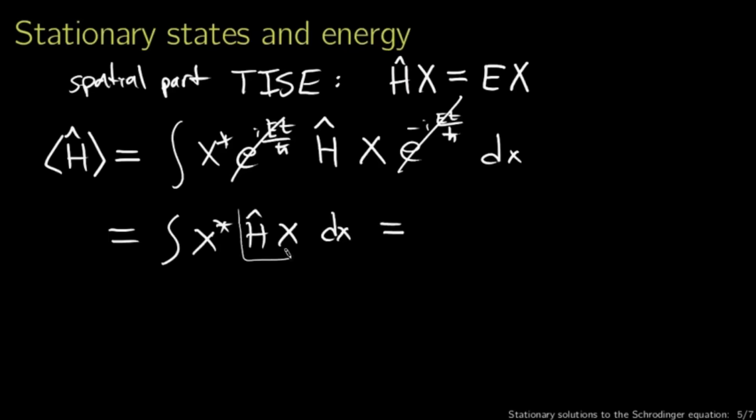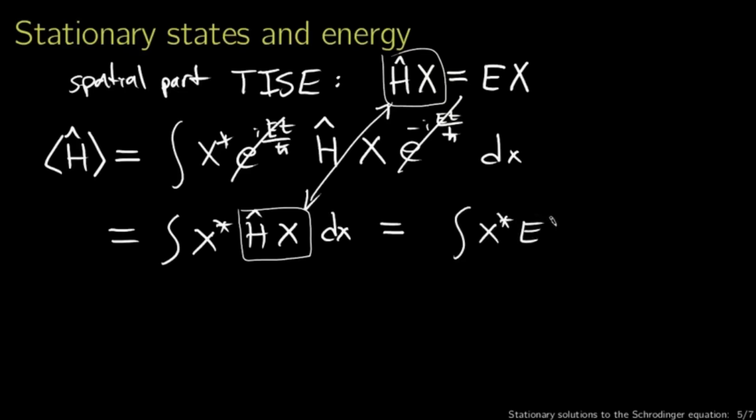But I know this. That's this. So I can make that substitution. Knowing that this spatial part of the wave function solves the time-independent Schrödinger equation allows me to simplify. I just end up with the integral of psi star E psi, integrated dx.